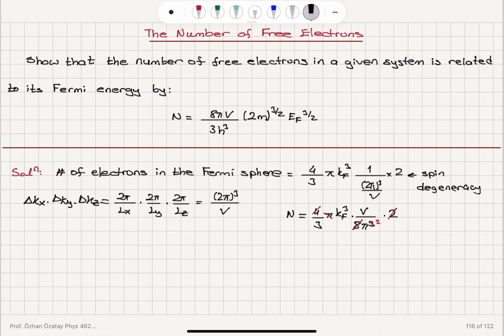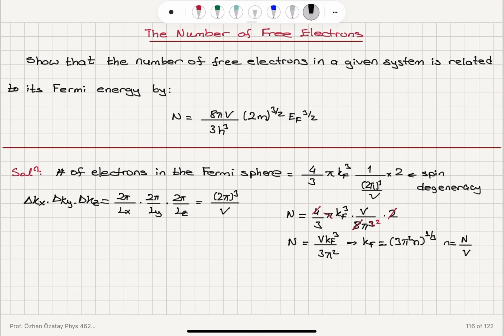So with that, we have capital N, the number of electrons, equals V times Fermi wave vector cube divided by 3 pi square, so that the Fermi wave vector is basically 3 pi square n to the power 1/3, where n is now the number density, total number of electrons per volume.